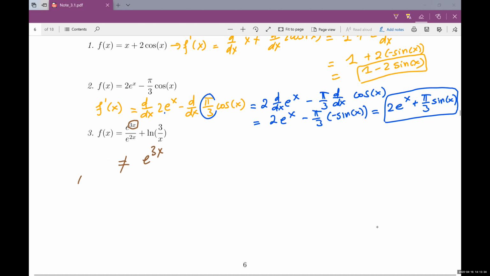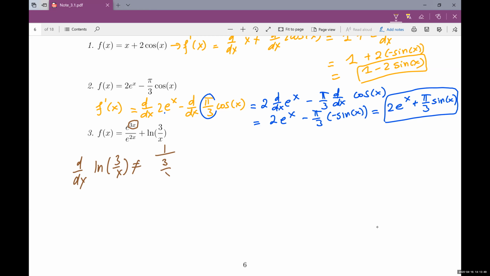Another thing is, the derivative of natural log of 3 over x is not 1 over 3 over x, even though the derivative of ln x equals 1 over x. Keep it in mind.